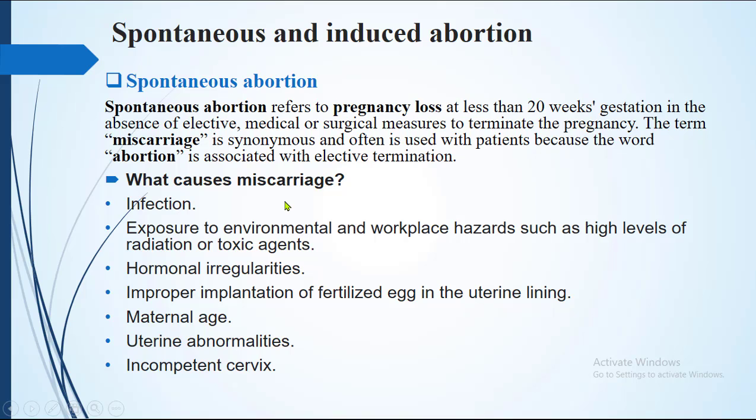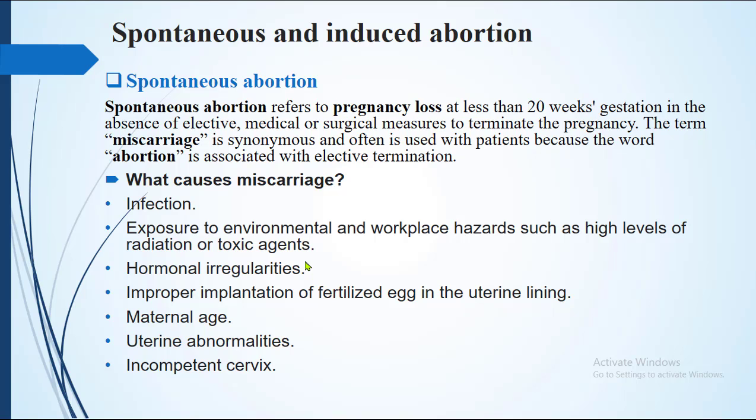So what are the causes of miscarriage? It can be due to infection, it can be due to exposure to environmental and workplace hazards such as high levels of radiation or toxic agents. I hope this reminds you of the Hiroshima and Nagasaki incident.